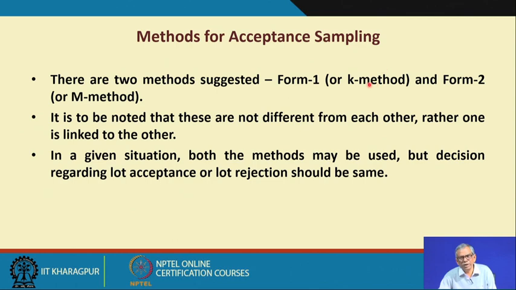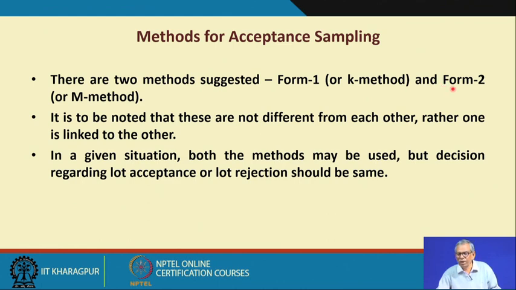Then at the second stage you can modify the form 1 method with the form 2 method, apply it, and again take a decision. As you are referring to the same case, obviously your decision must be the same. If you follow the methods properly, whatever decision you have taken under form 1, the same decision you will be taking under form 2 also.